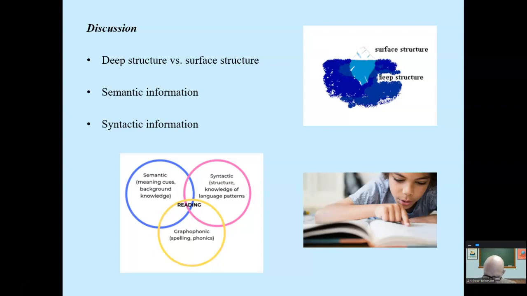Well, in producing meaning maintaining miscues, the reader has to generate an alternative way of expressing the same idea. So this means the readers are attending to the deep meaning or deep structure of the ideas while reading more than they're attending to surface structure, or the arrangement of letters and words.